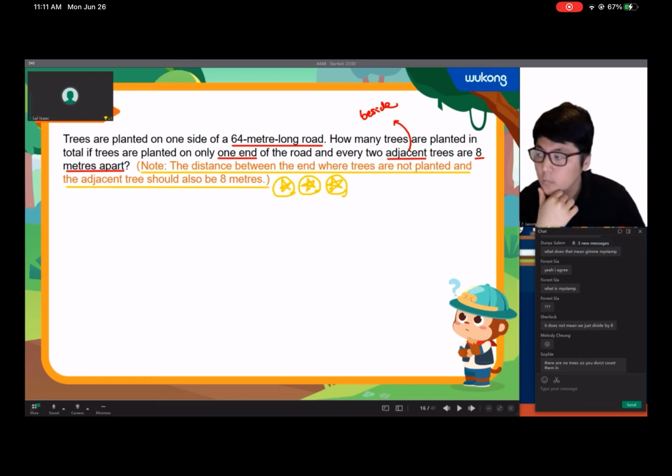I'm pretty sure the adjacent tree is the last tree at the end, so it should be 8 meters. No, you're just reading the question. You're not telling me why it's important.